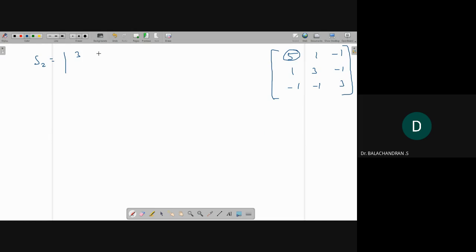Similarly, fix this one, leave this row and column. Remaining is 5, minus 1, minus 1, 3. And similarly, fix this one, leave this column and row. Remaining 2 by 2 matrix is 5, 1, 1, 3.